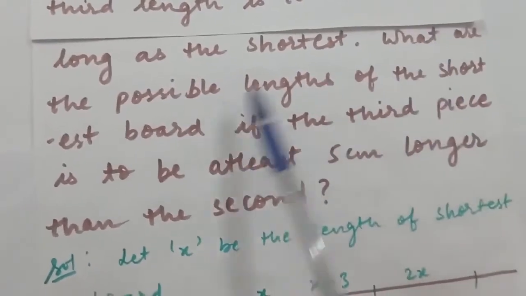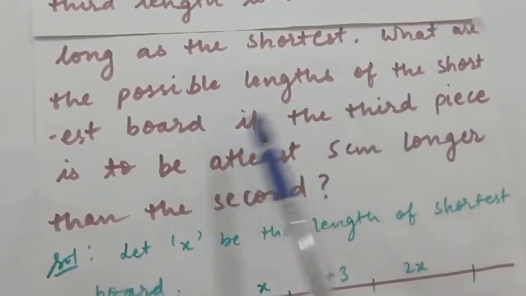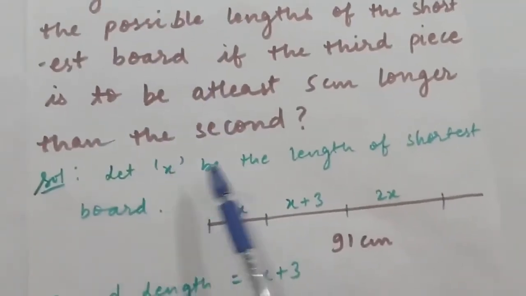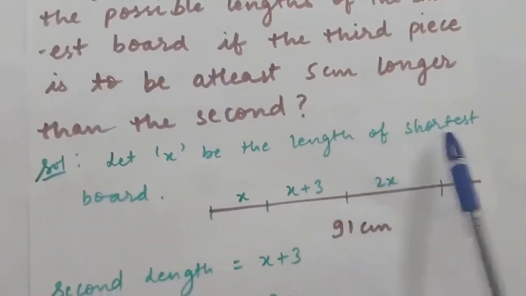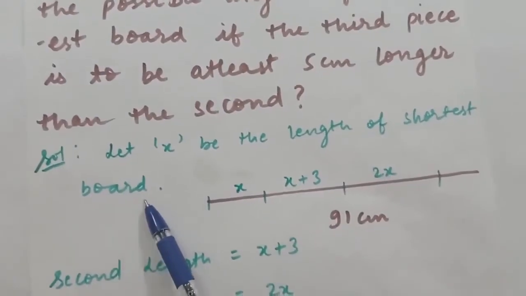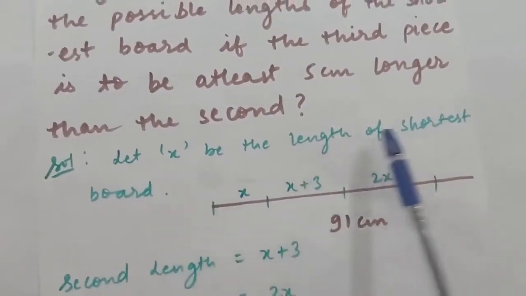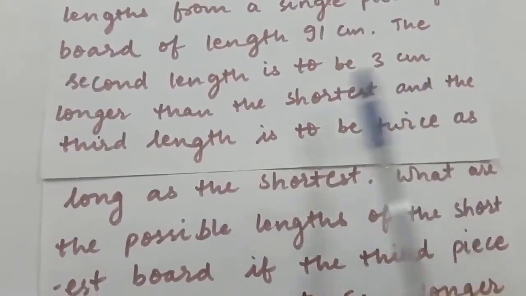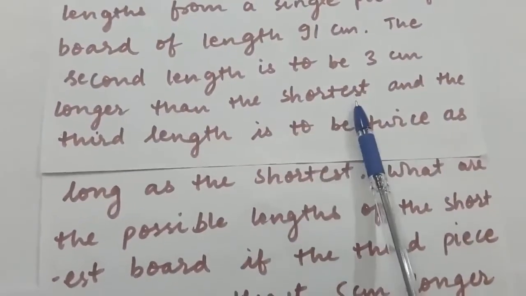So they are asking for the possible lengths of the shortest board. So we will let x be the length of the shortest board, right? Now it is given that the second length is to be 3 centimeter longer than the shortest.